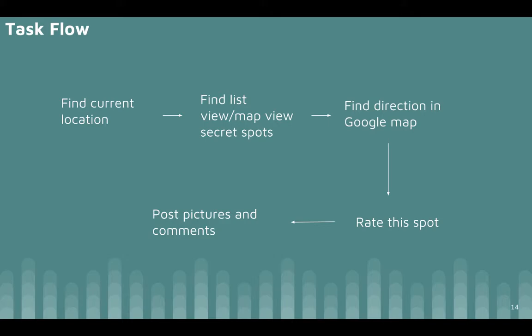And after the app detects that the user has arrived at the place, it will slide up a drawer that tells the user they can rate this spot, because the user has arrived at this place and has been here.